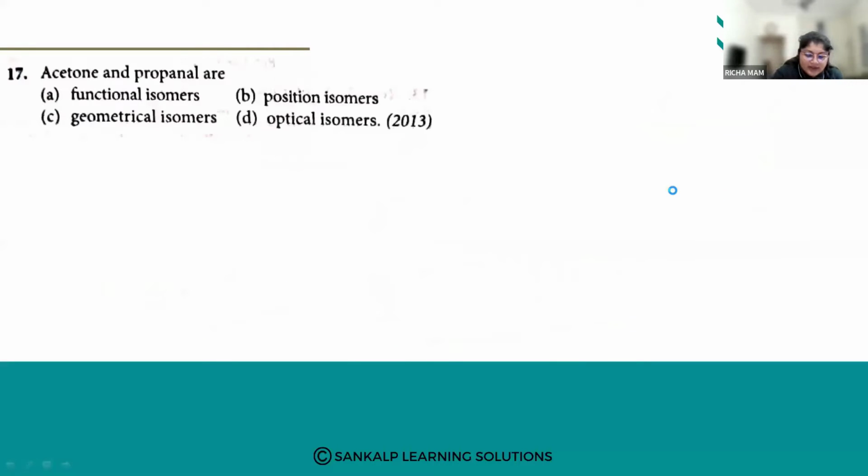Let us go for the next one. Next question is, acetone and propanal are what? Write the structure and see. Acetone is CH3, C double bond O, CH3. So this is your acetone.